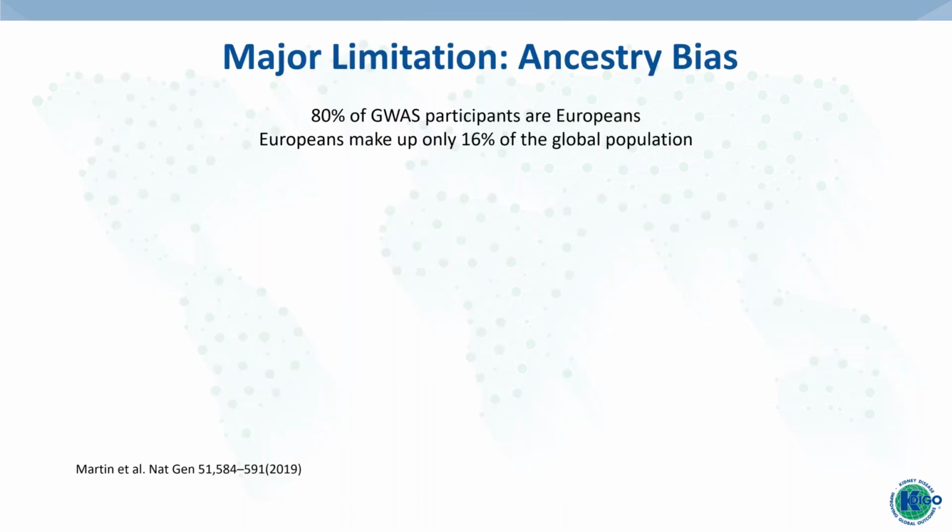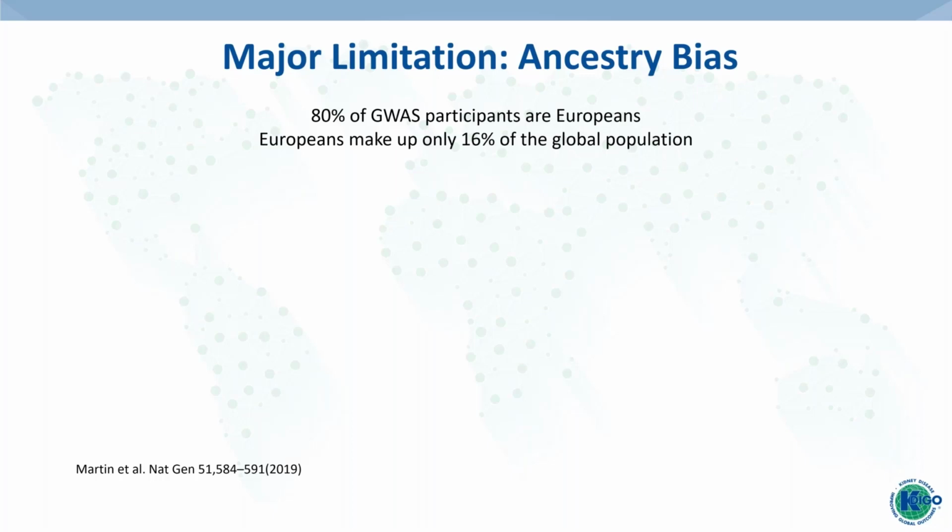So next, I want to mention a major limitation of polygenic risk score, and that relates to an ancestry bias. So I think most people are aware that GWASs are very much biased towards participants of European ancestry. In fact, it's estimated that 80% of all published GWAS studies involve participants of European ancestry.